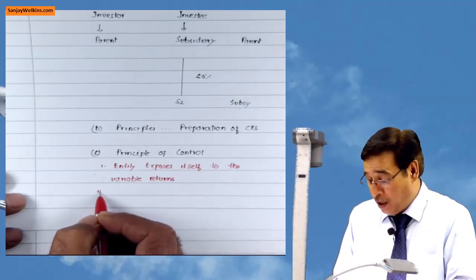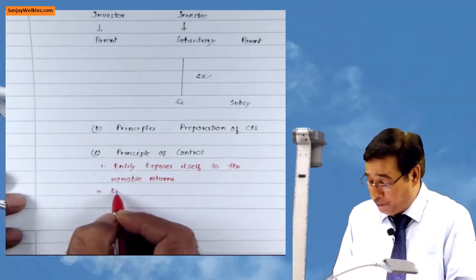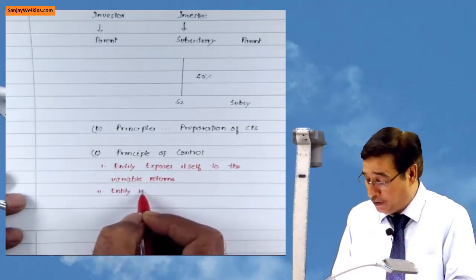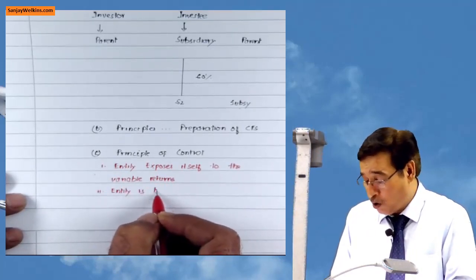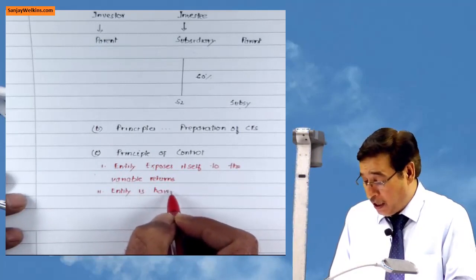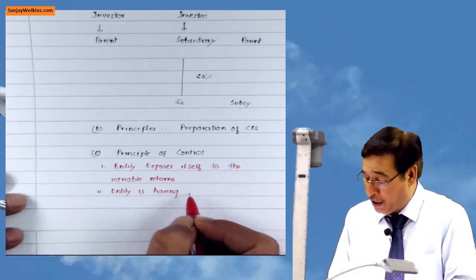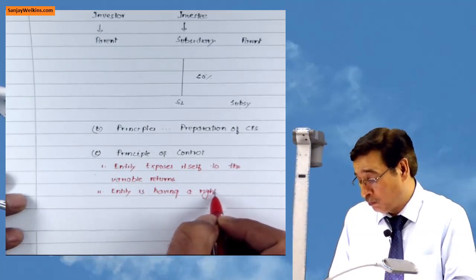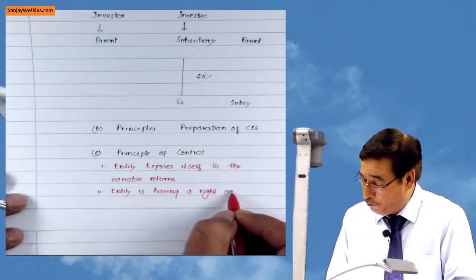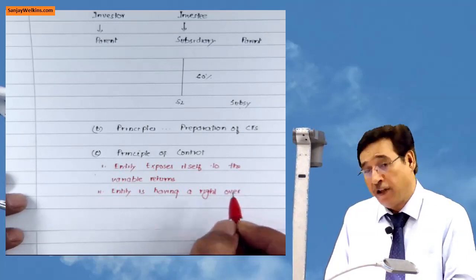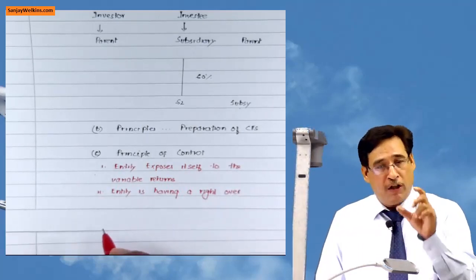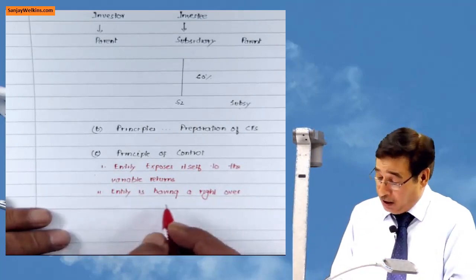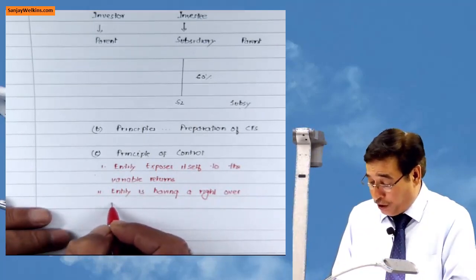Second, the entity is having a right over variable return. Here you have to construe the word variable in a positive sense, meaning higher return.